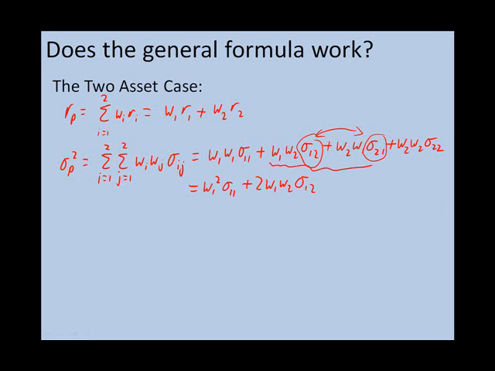These two terms can be combined, plus W2 squared, sigma 2,2, which equals W1 squared, sigma 1,1, plus W2 squared, sigma 2,2, plus 2 W1, W2, sigma 1,2.